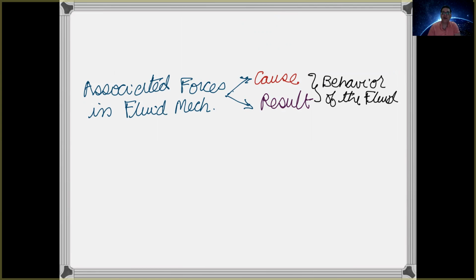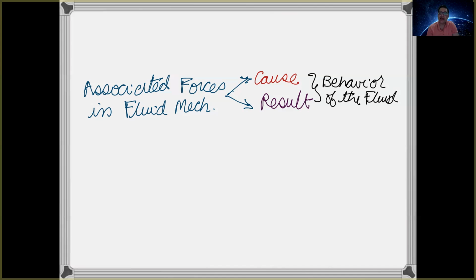Like if you consider flow in a pipe, the cause of the fluid flow is commonly a pump, so that at the inlet of the pipe the pressure is large, and at the outlet of the pipe the pressure is atmospheric, which is smaller, and the pressure difference leads to the flow. So there is a pressure difference which acts at the inlet of the pipe.